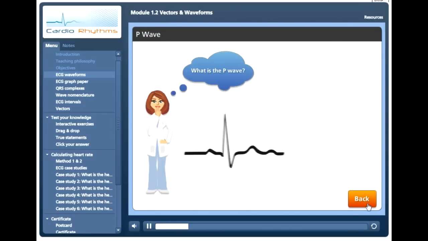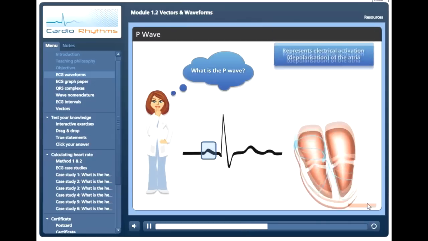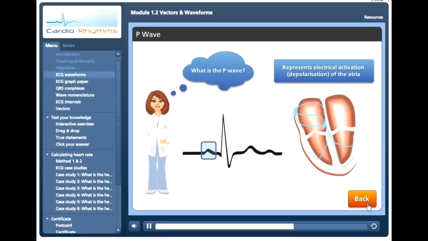The first wave we encounter in the cardiac cycle is the P wave. This represents electrical activation of the atria, also known as atrial depolarization. This then leads to atrial contraction.